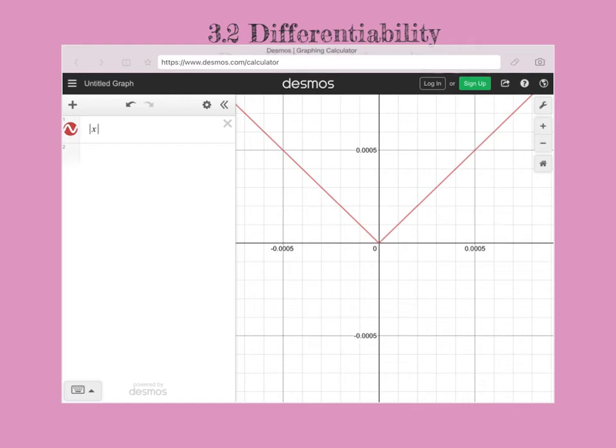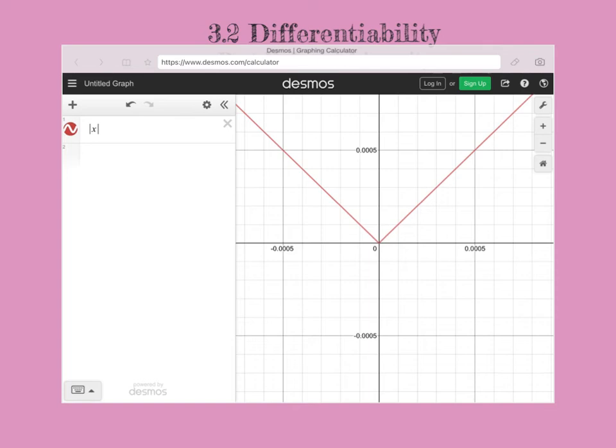So at x equals 0, or wherever our corner happens to be on whatever absolute value or other function with a corner that we're looking at, no matter how far we zoom in, the derivatives never match up from left to right and therefore never make a line. It's not locally linear at that point. And a line means that we have a constant derivative or constant slope. It's always changing and we're always going to have that corner no matter how far we zoom in.